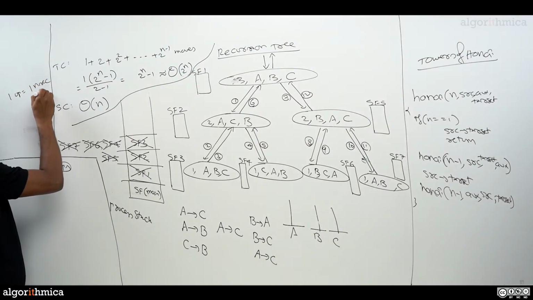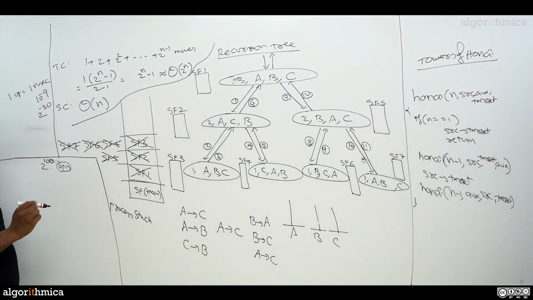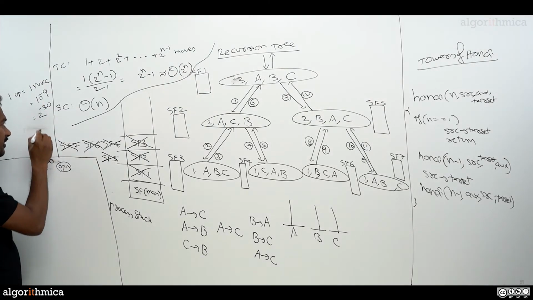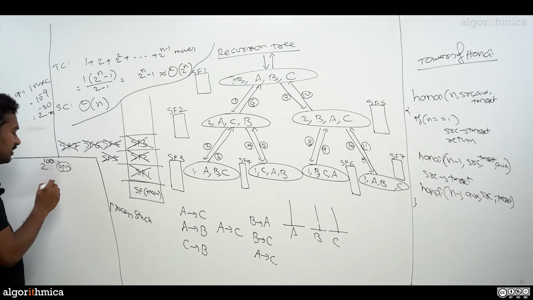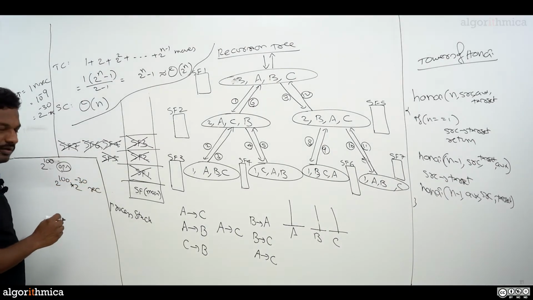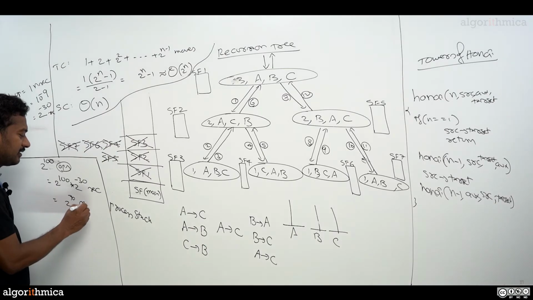Nano is 10 power minus 9, and 10 cubed is about 2 power 10, so this is approximately 2 power minus 30 seconds. So 2 power 100 operations is 2 power 100 multiplied by 2 power minus 30 seconds, giving 2 power 100 minus 30, which is 2 power 70 seconds.